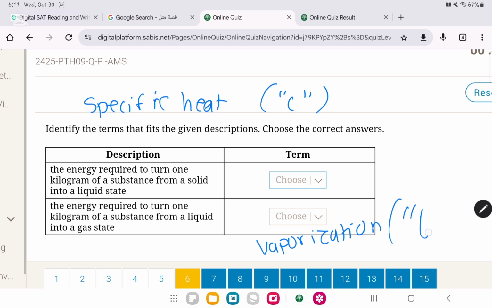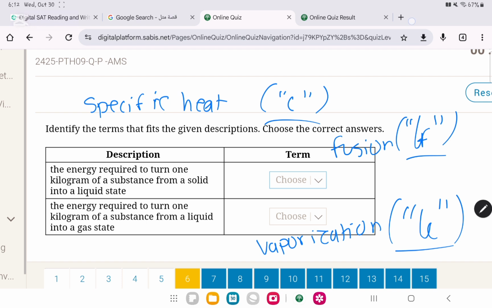And then we have the specific latent heat of fusion, denoted by LF. Fusion means changing from a solid to a liquid.